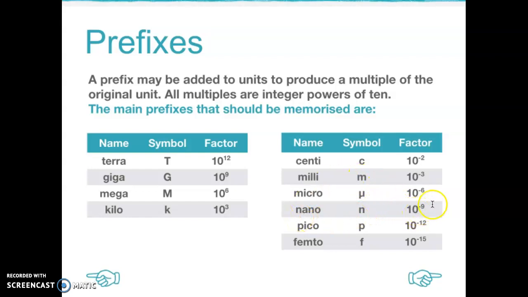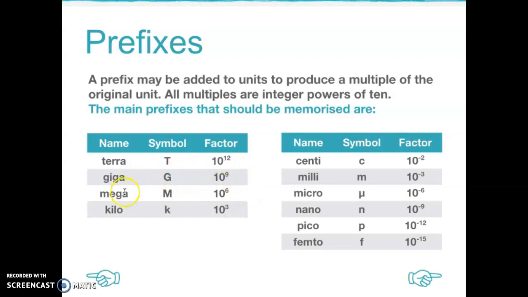It's 10 to the minus 9. And in terms of the large ones, kilo, 10 to the 3, mega, 10 to the 6. Mega's a million, so it's easy to remember. These are being used constantly, so please know those off by heart.